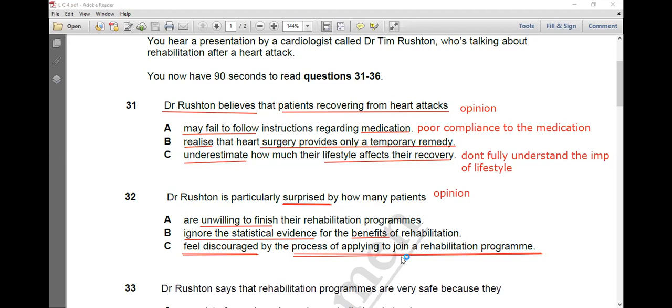Good morning. I'm Tim Rushton, and I'd like to talk to you about rehabilitation programs for patients who've had heart attacks and undergone surgery. A patient may, for example, have had stents inserted to widen their arteries, and this solves an immediate problem without guaranteeing their long-term health.